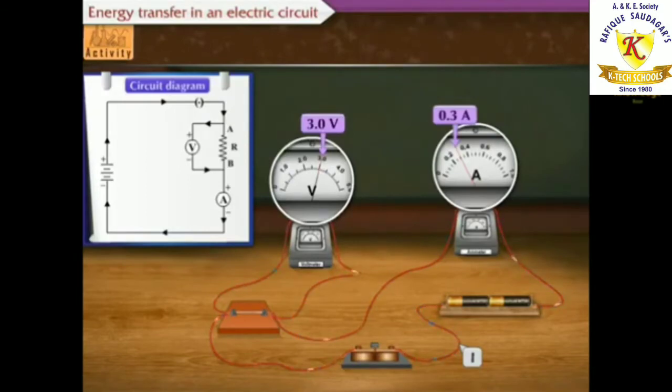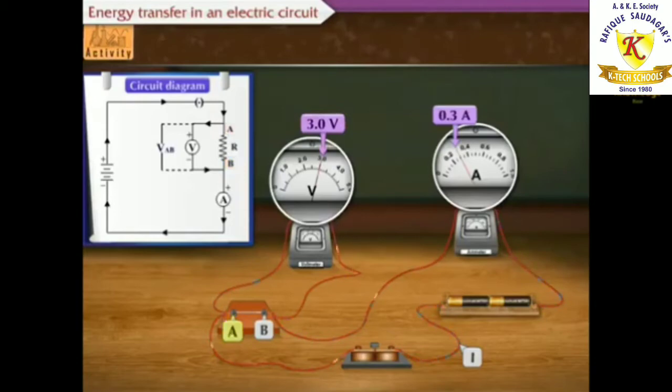That means the potential difference, that is VAB, between the two ends A and B of the resistance is 3 volts.